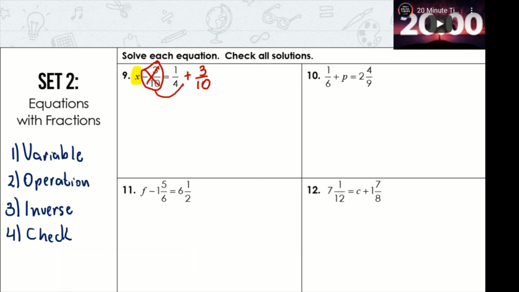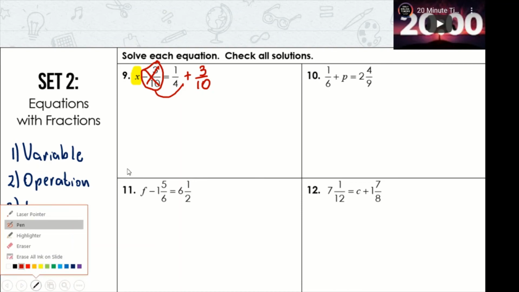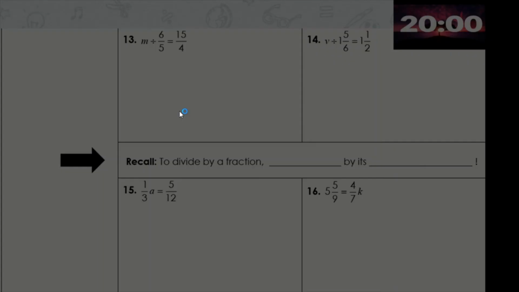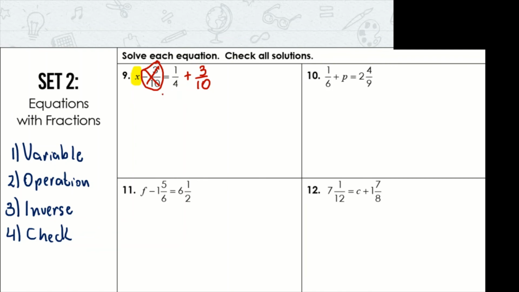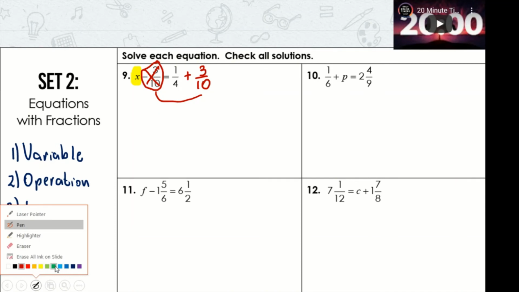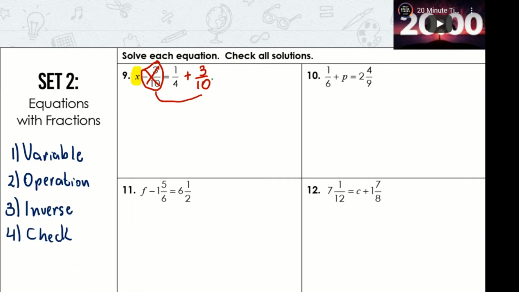Guys, remember adding fractions? What is step number 1? Multiply the denominators. 4 times 10. Oh, my bad, guys, sorry. 4 times 10, denominators first, 40. The denominator for the new number is 40. Great.